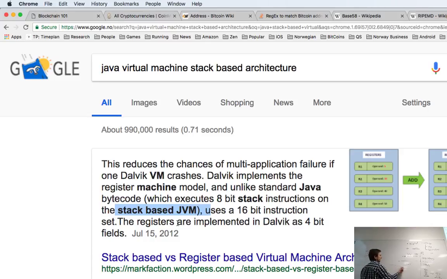What's the difference between this picture and this picture? Which one do you think has more instructions and more complexity in the instruction set? Register-based virtual machine or stack-based? Register, because we have to say where the operands come from and where they go. Whereas this one is very trivial. To multiply, I just say mul, right?